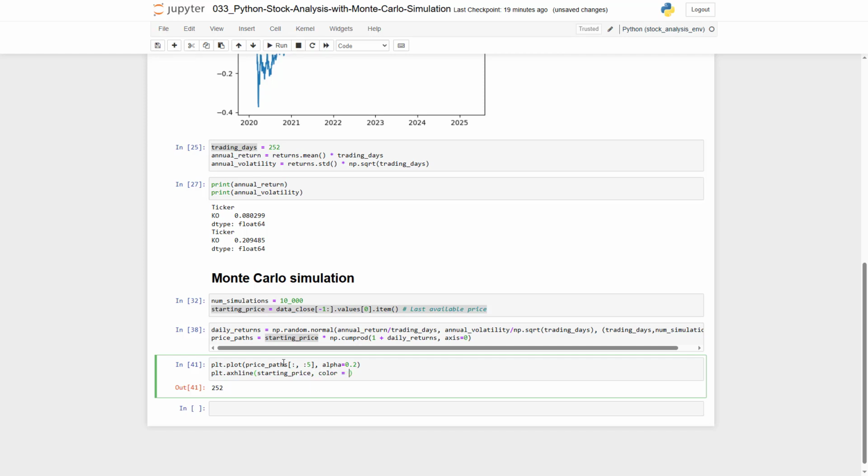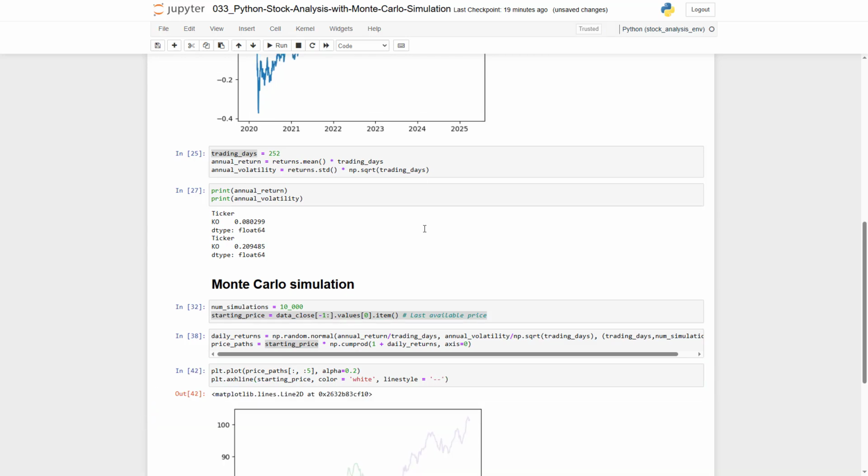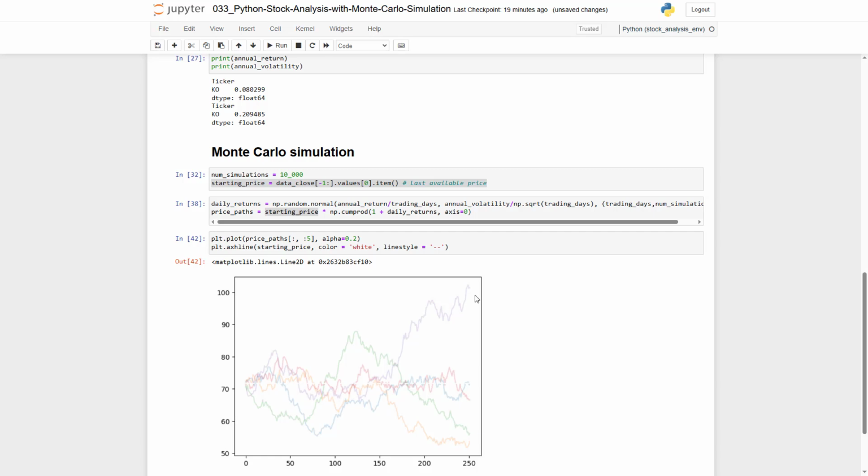The color would be, thinking about it, okay, black is a good color, yeah, or white. Okay, white, and then line style, something like this. Let's see. So these are the last 5 simulations, and we see the white color for the starting point.